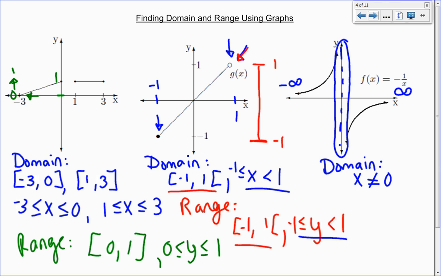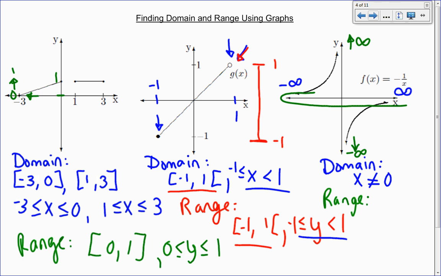It never touches the y-axis. So that's our domain. Our range is same thing. Our y values are going from -infinity towards infinity, which implies all real numbers, but look, y never actually touches the x-axis, so y never equals 0.